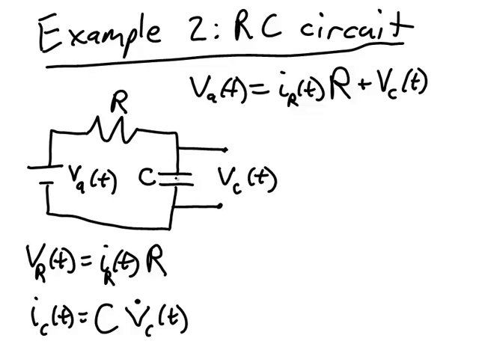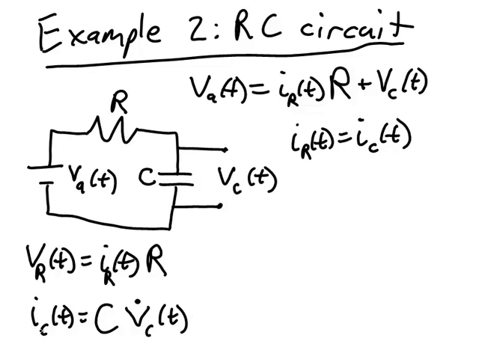Since the current through the capacitor must be the same as the current through the resistor, because these things are in series with no other paths around it, I can simply take the current in the capacitor and replace it with the current in the resistor. I know this from Kirchhoff's current law.